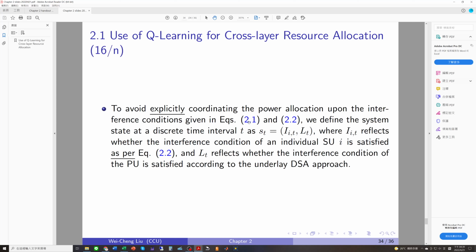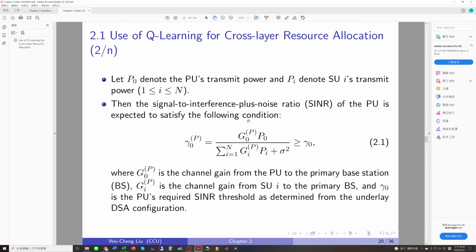Okay, let us go to equation 2.1. In equation 2.1, the signal to interference plus noise ratio, SINR, of the primary user is expected to satisfy the following condition. Gamma 0 P is equal to this equation. If you forget the meaning of this symbol, please review this sentence, which must be greater than or equal to gamma 0.